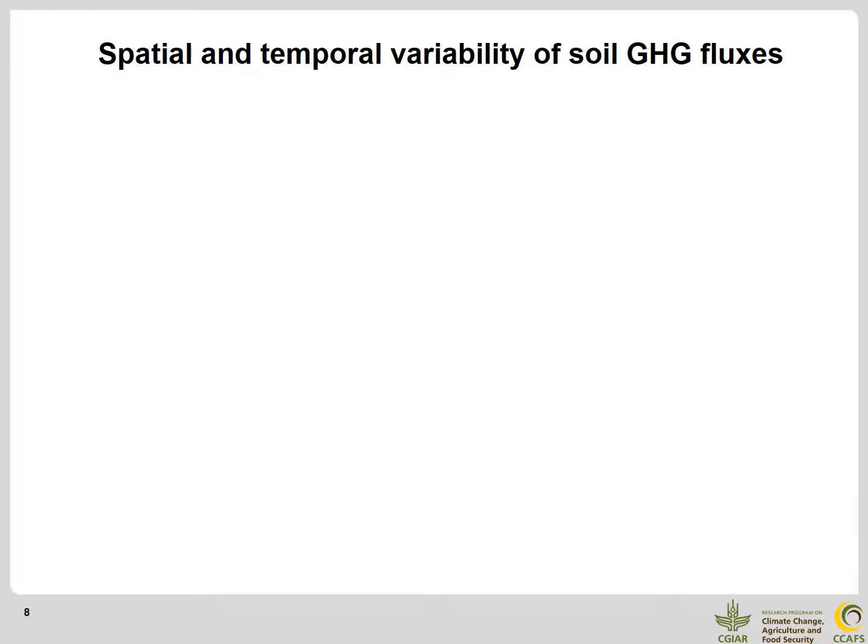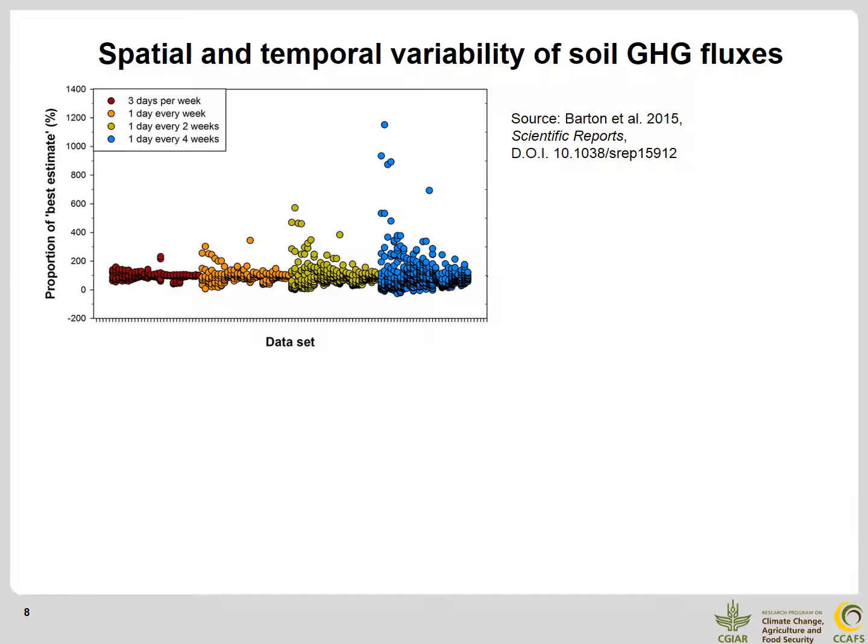Variability of greenhouse gas fluxes, both spatial and temporal, is a major challenge for obtaining robust estimates at the plot and landscape level. Recently, it has been shown that if conducting daily measurements of greenhouse gas fluxes is not feasible due to limited resources, sampling more than once a week is still necessary to obtain annual N2O fluxes within 10% of the daily estimates.